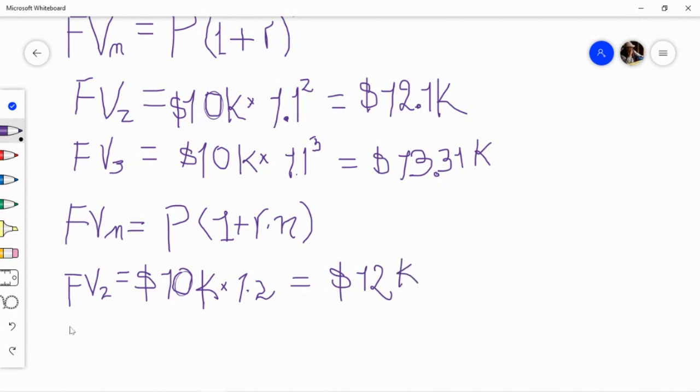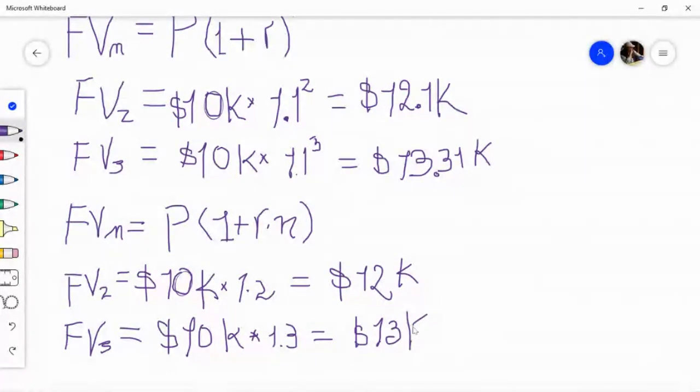And FV3, future value at year 3, is simply 10K times, it's a lot easier, simply 13K.